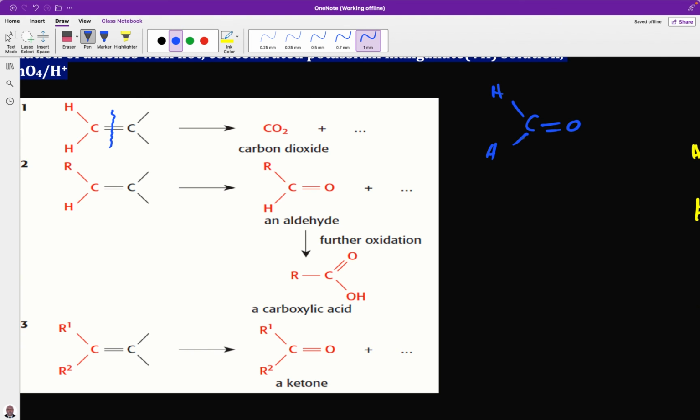And we said this will undergo further oxidation again, to, we will have this again.